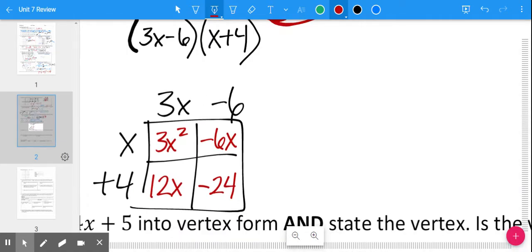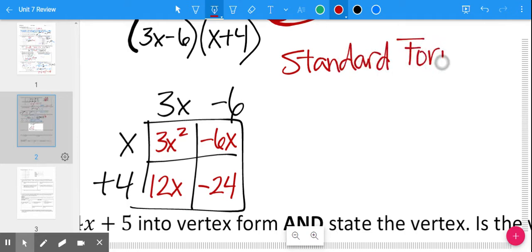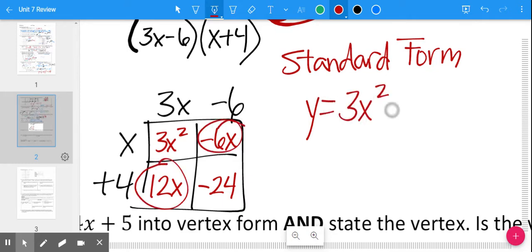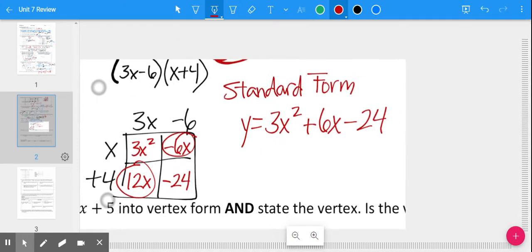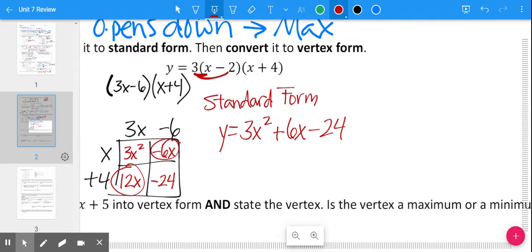So at this point, we've got it in standard form. That's y equals 3x squared, combine like terms, so plus 6x minus 24. To go from standard form to vertex form, you have to find the vertex first.